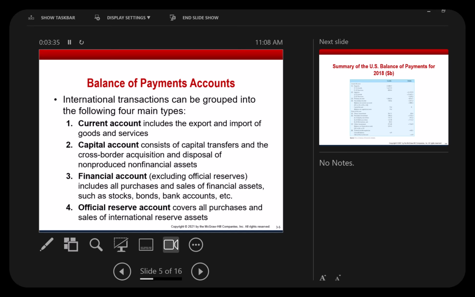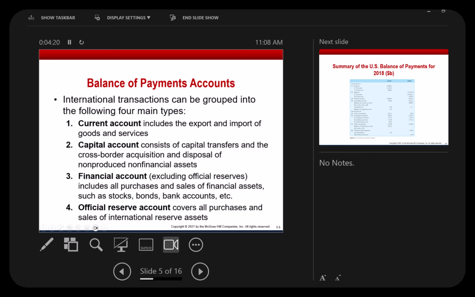If you buy more than you sold, that means some money is going out of your country. So how are you financing that? Capital account basically tells you any capital transfers, could be loans, long-term investments, any cross-border acquisitions, and so on and so forth. The so-called financial account, excluding the official reserves, which are the reserves of the central bank, includes all purchases and sales of financial assets, such as stocks, bonds, bank accounts.